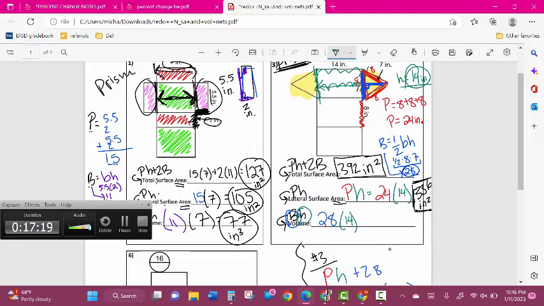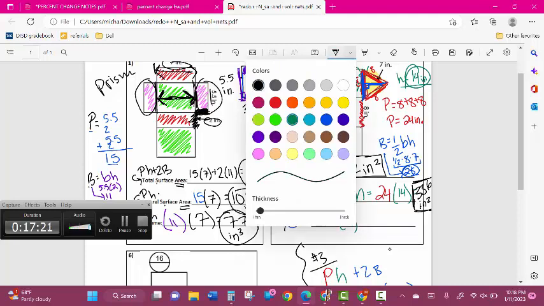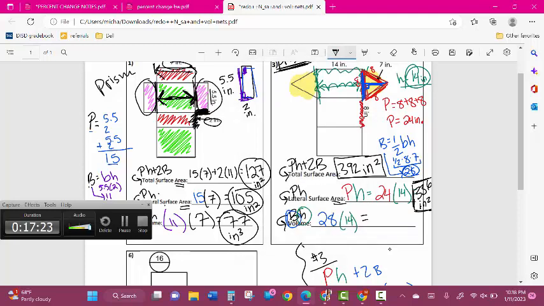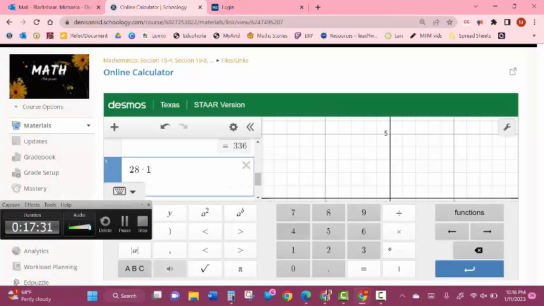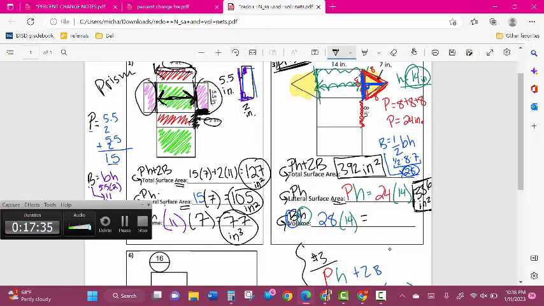So I need 28 times 14. 28 and 14 multiplied together is 392. Now this is a volume, it's 3D space, so the inches are to the third power.